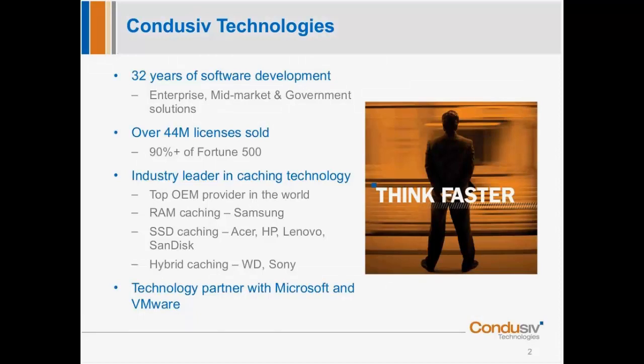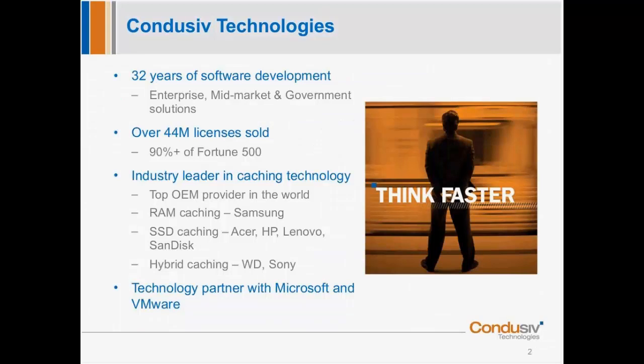We are known globally as caching experts, and caching really is one of the pillars of what we're going to describe to you today. With our OEM partners, we license versions of our caching technology to improve the performance of their product offerings. So really a core understanding and a DNA of working with those partners.